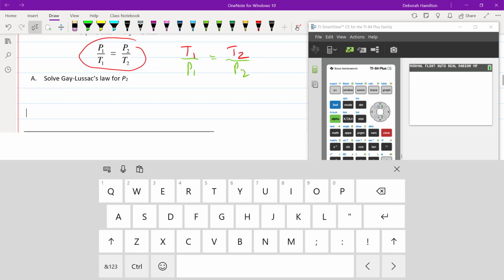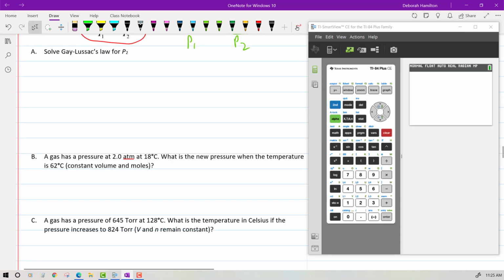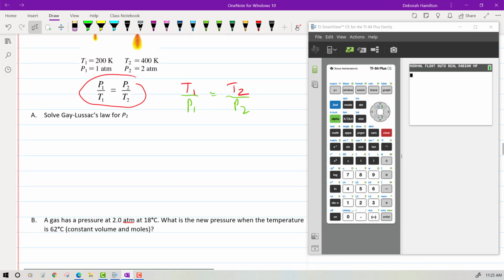The first little problem asks us to solve for P2. Let's start with the P2 in this first one because that makes it very simple. We want to get rid of the T2 term, so we need to multiply both sides by the inverse of that.